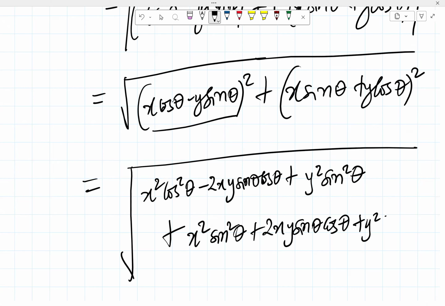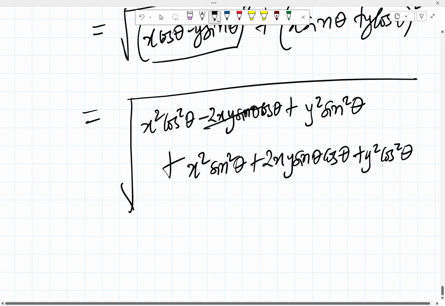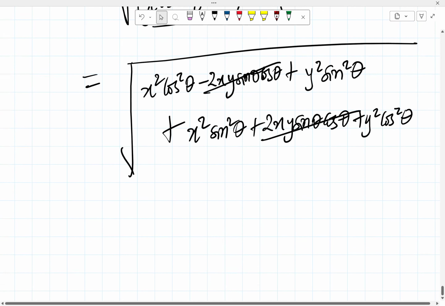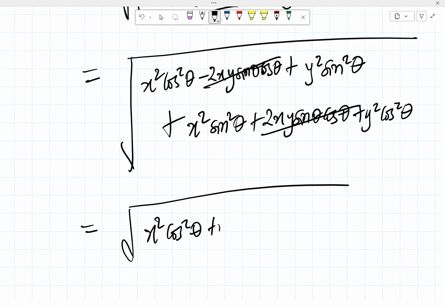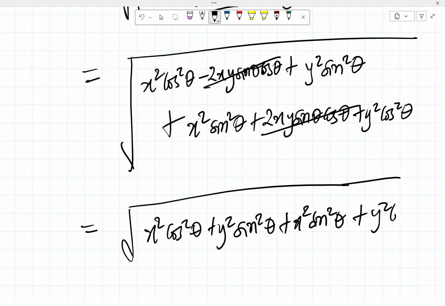With this, the cross terms cancel straight up, and then we have the square root of x squared cos squared theta plus y squared sine squared theta plus x squared sine squared theta plus y squared cos squared theta.